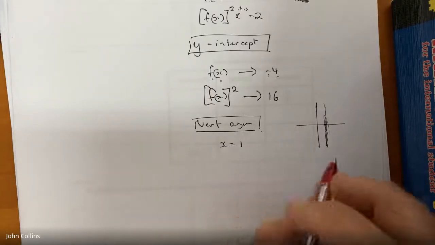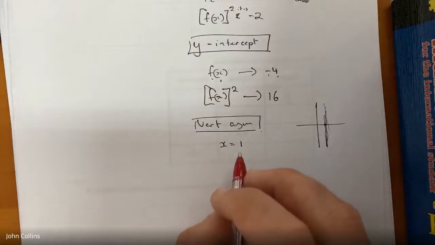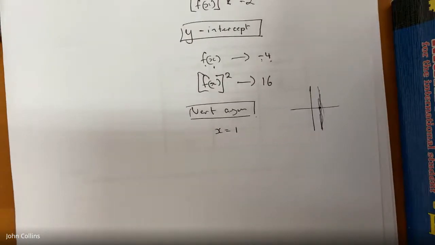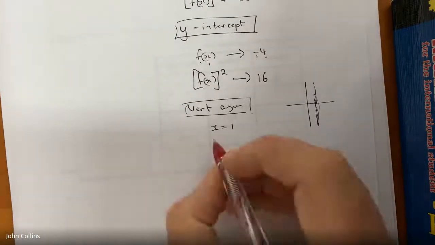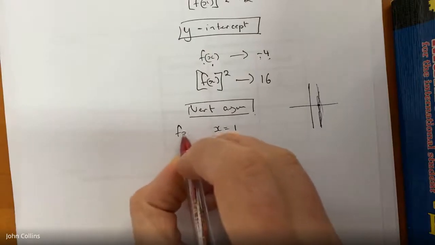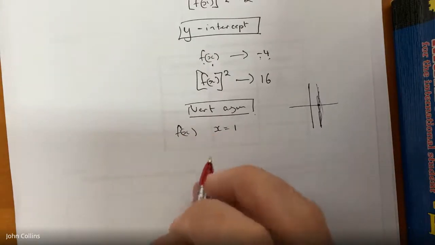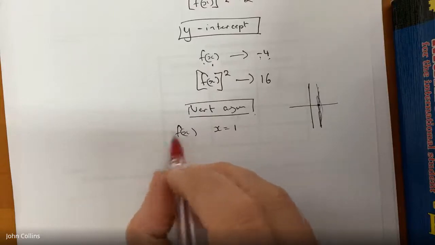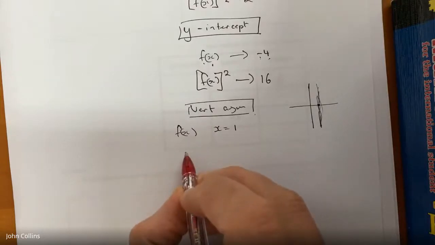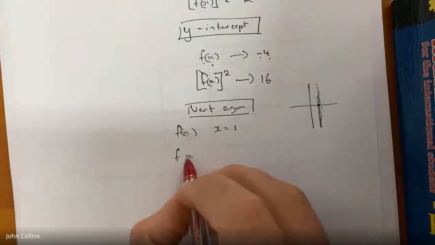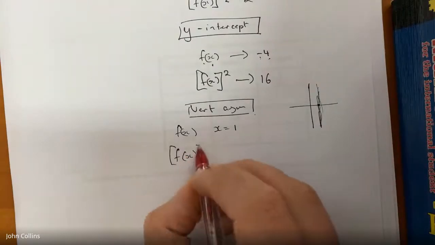All right, so x equal to 1, how is that going to be affected? In the previous one, f(x), x is 1, and that was an asymptote, which won't be crossed. So what about our function if we square it? It'll stay the same, since no matter what y value you square, it's just going to be larger than it was before, which still gives you that up and down line.